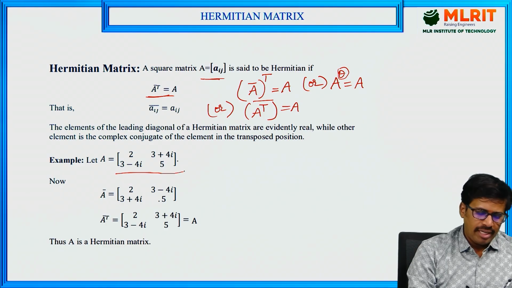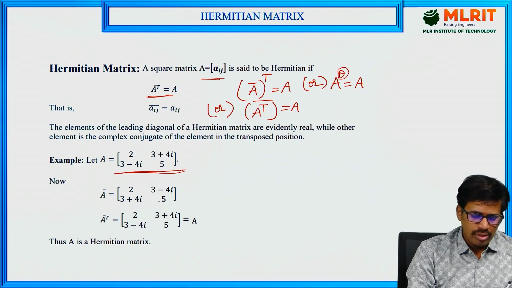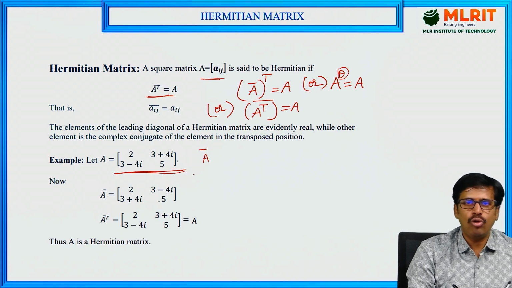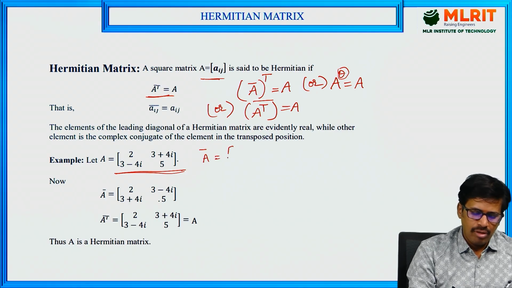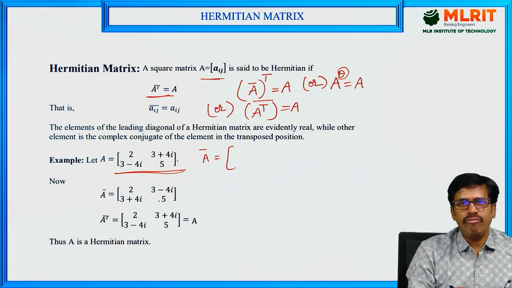Let us take one example. A equal to [2, 3 plus 4i; 3 minus 4i, 5]. How will you write A conjugate? A conjugate is denoted with A bar. While writing the conjugate of any complex number, make sure that you change the sign of imaginary coefficient, not the real part.